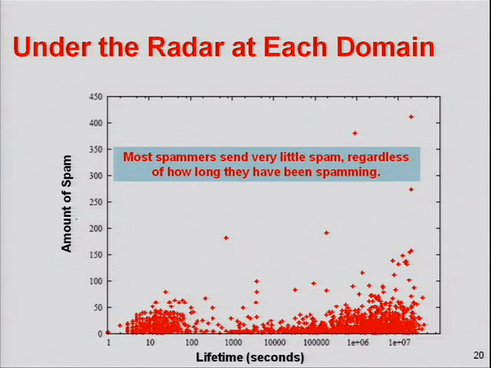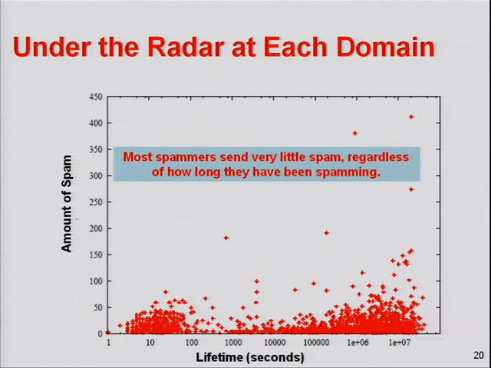Here's another reason why these blacklists may have a hard time keeping up, right? If we look at the amount of spam that each one of these IP addresses sent to this particular domain, so this is basically one spam trap domain. On the y-axis we have volume, that's amount of spam we saw, and on the x-axis we have essentially how long, the time span over which we saw that IP address active in the trap, right?